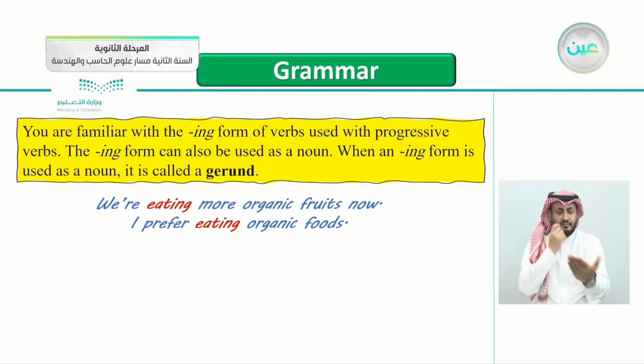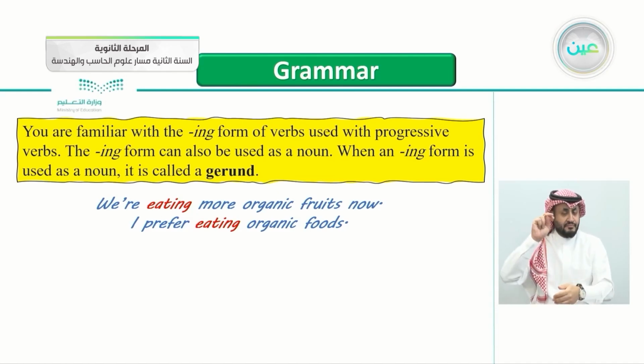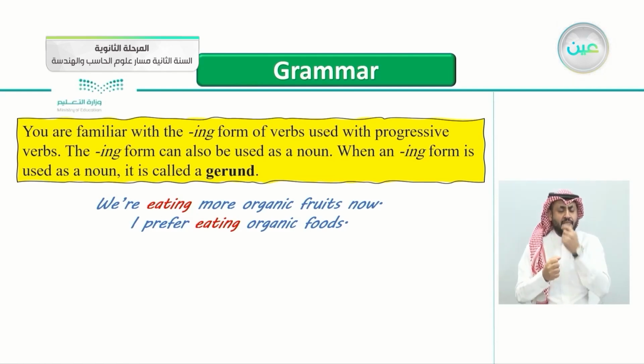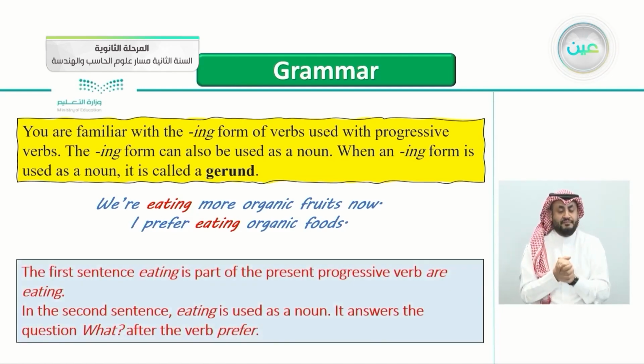For example, here, we're eating more organic fruits now. And the second example, I prefer eating organic foods. In the first sentence, eating is part of the present progressive verb, are eating.